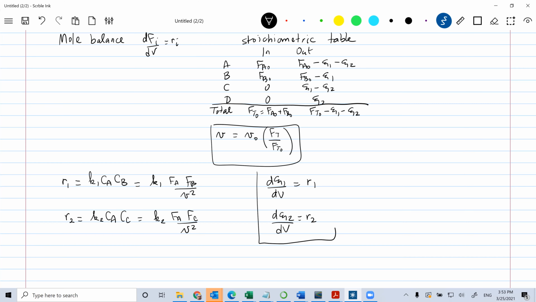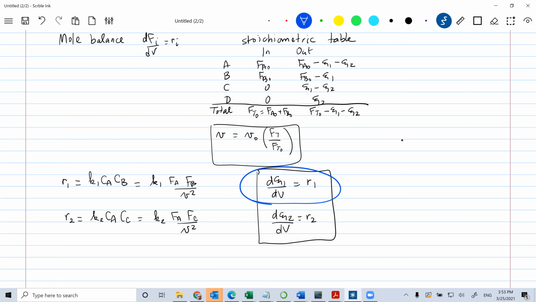This is from doing a mole balance. I think the second one is on D. That will give you d eta 2 dV equals R2. But the first one, I do wonder if that's correct, but I'll correct myself over the break if I made a mistake. If there is any potential mistake, it could be here, but I'll fix it in a moment.